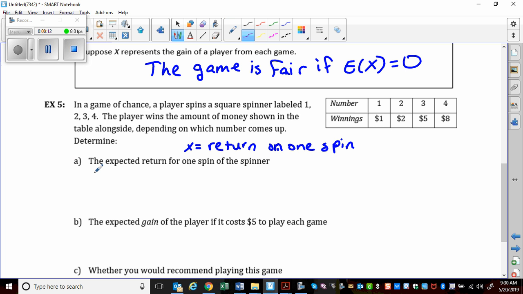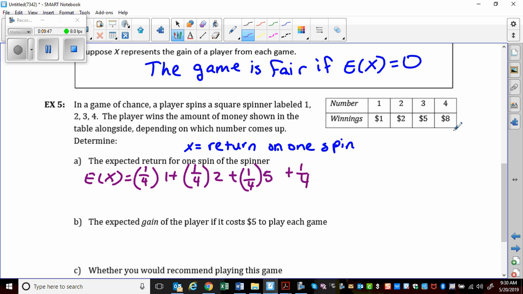Okay. So the expected return is: we have 1/4 of a chance to get a $1, and we have a 1/4 of a chance to get a $2, and we have a 1/4 chance to get a $5, and we have a 1/4 of a chance to get $8.